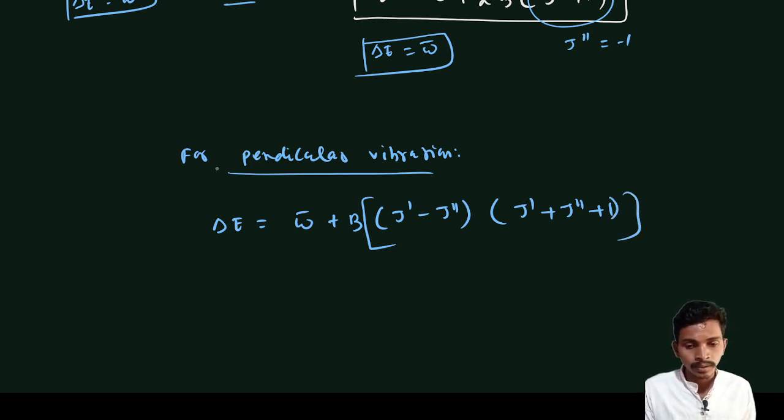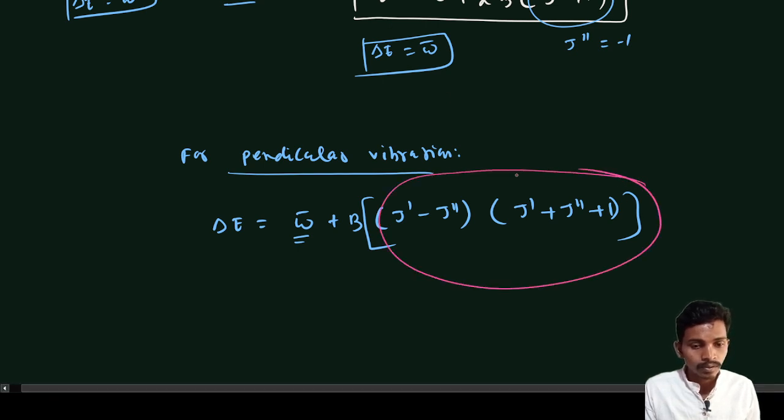So whenever we are discussing perpendicular vibrations, to get omega naught we can take this value as 0, and then we get only omega.